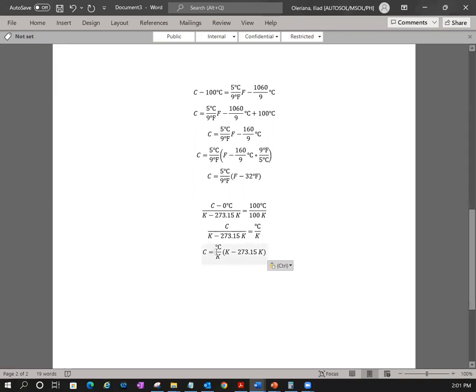Actually, this one, you can omit, and this one, you can omit. So, you can just simply convert Kelvin to Celsius by deducting 273.15. But kung titingnan natin, magsasubstitute tayo ng 273 dito. Naka-Kelvin ka, tapos magle-less tayo ng 273.15.